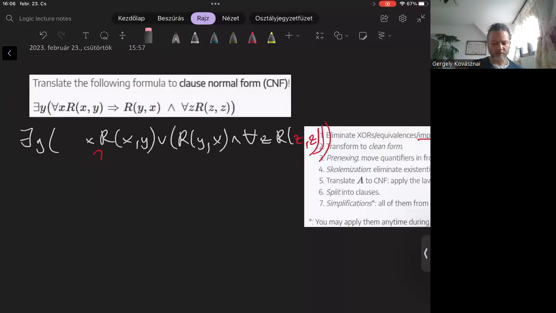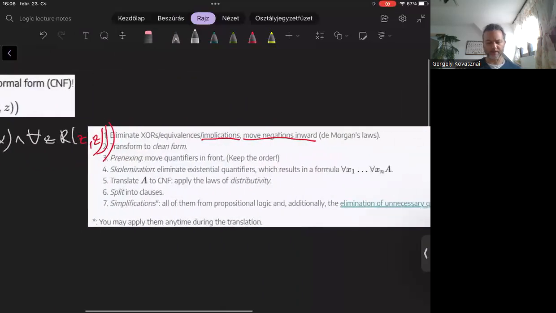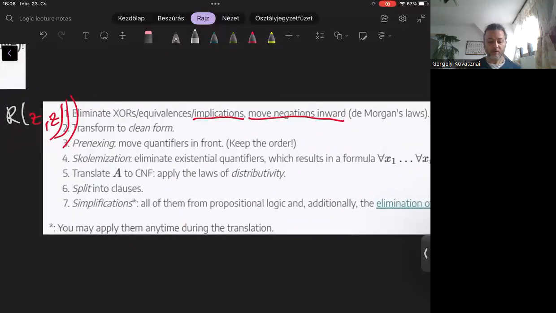I'm going to move the negation here, and of course, meanwhile, the universal quantifier changed to an existential one. Okay, the first step is done. We don't have any other duty in step one.